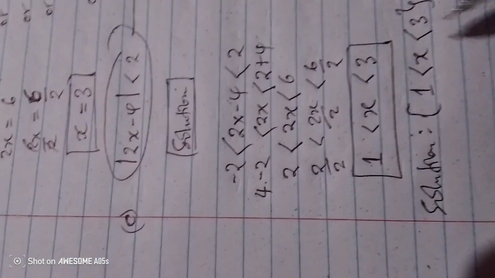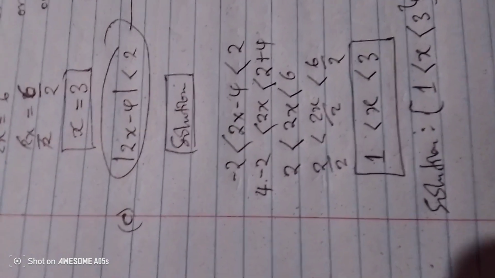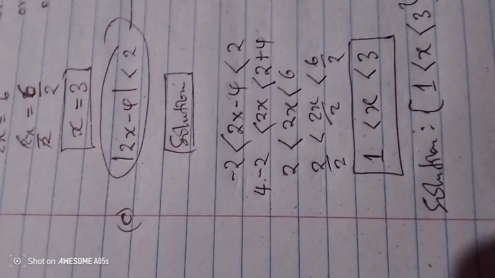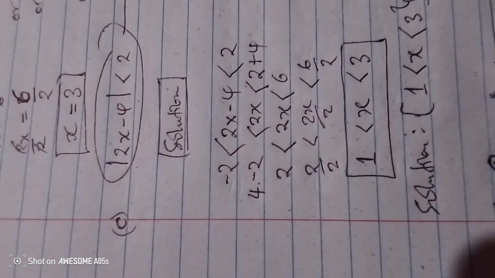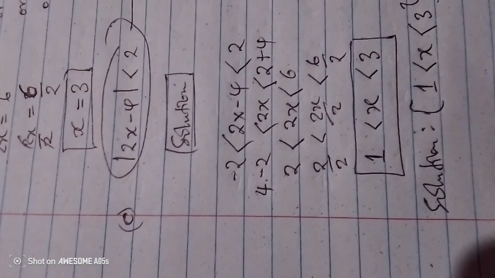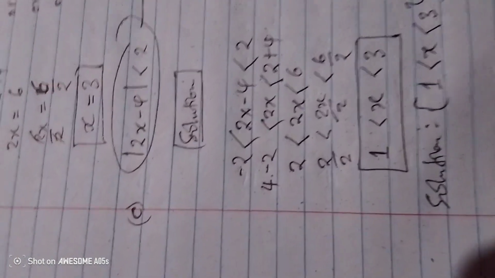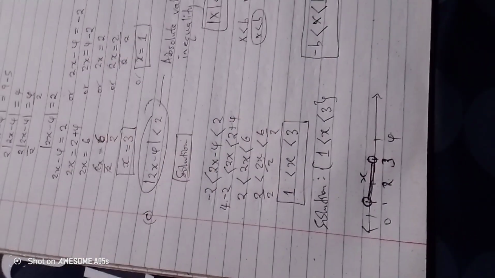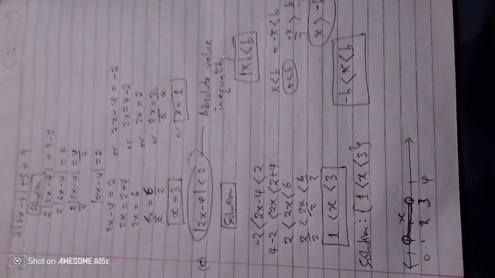But we are saying our x is in between. So you draw this one, don't shade it. If you shade it, it means it's starting from 1 and the 3 there. So our x is here. This is where our x is. We are not sure of the actual value, but it is just there.